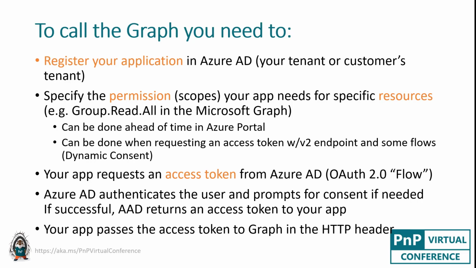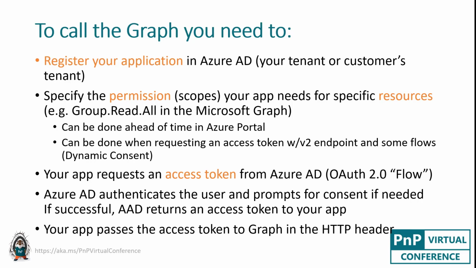Then you need to specify the permissions that your app needs to call specific resources, such as the Microsoft Graph. So maybe you need group.read.all in the Microsoft Graph, which would allow you to read everything in the Microsoft 365 groups in that tenant. And I'll get into that a little bit more in the next slide. There are two ways to do this. One is ahead of time in the Azure portal, and that works with any Azure AD application.